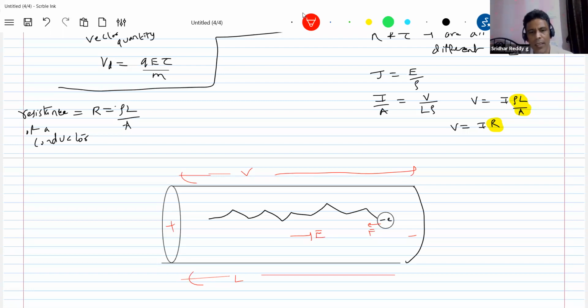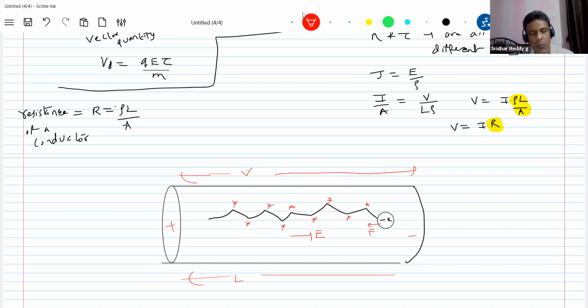So greater the length, more collisions it should undergo, no? More collisions it will undergo, so therefore the resistance will increase like this. If I increase the area of cross section, resistance will decrease. What do you mean by that? If I increase the area of cross section, more charges can pass through it.